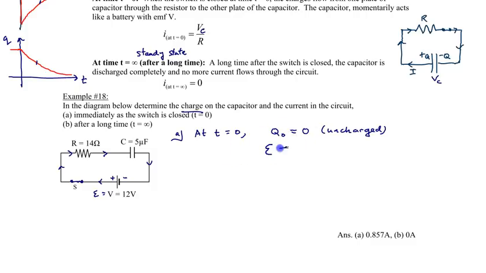The total voltage will be equal to I times R. So I initially will be equal to the EMF divided by the resistance, and the EMF is 12 volts divided by 14 ohms. That will give you a current of 8.57 amps. So initially there is this strong current and no charge because it's been uncharged.